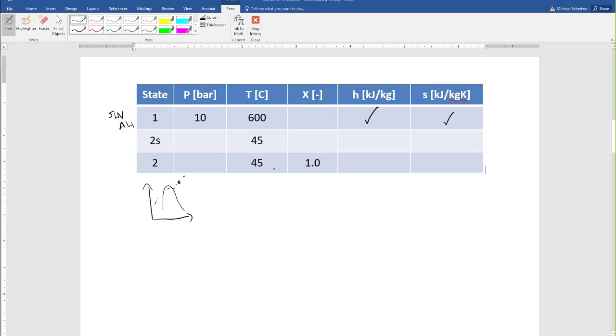Now here, we're coming out at some lower temperature, it looks like, 45 degrees. And that's the real outlet, right? So it's going to be down here. So this is going to be HG at 45 degrees and SG at 45 degrees.